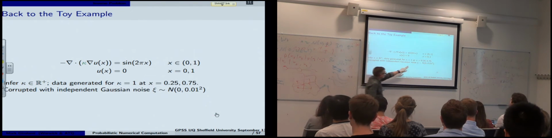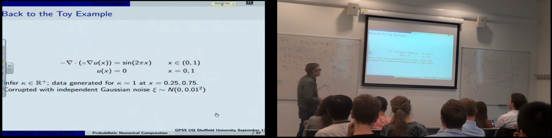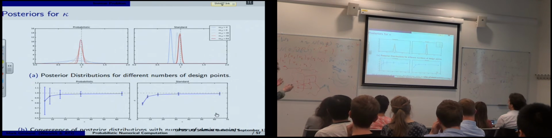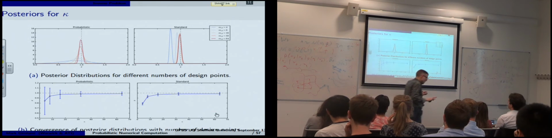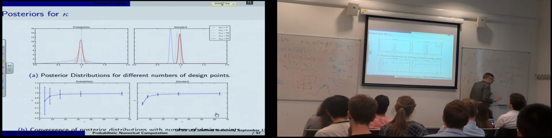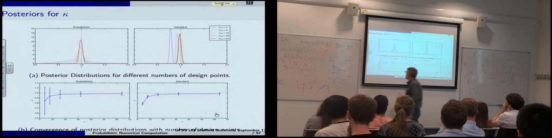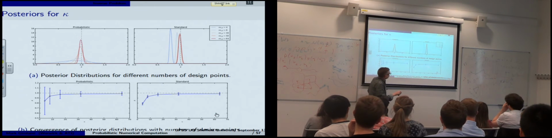We've made measurements at these 2 points here, and the measurements have been corrupted with Gaussian noise. And what we obtain if we ignore the fact that we don't actually have access to the function u, and forget that it's introducing uncertainty, is the bias that I described previously.